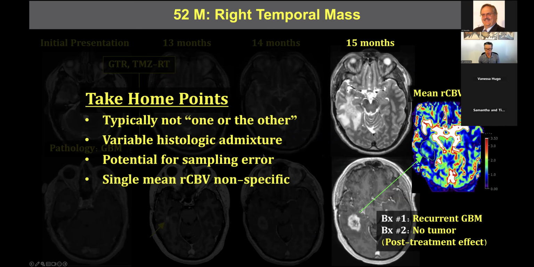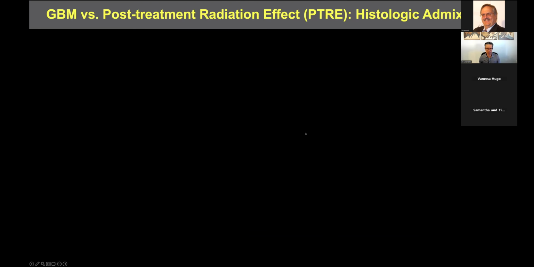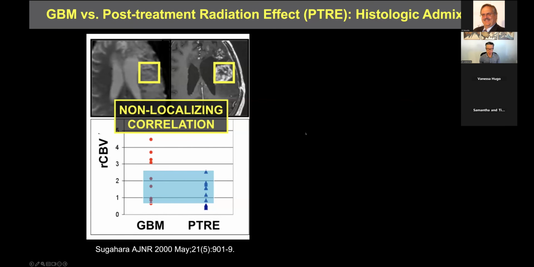And the final point here is that, especially in this case, the use of a single RCBV value over the entire lesion can lead to non-specificity because it doesn't necessarily capture the regional heterogeneity within these lesions. So a lot of these issues have come into play when we look at previously published studies in the literature that are trying to establish whether or not DSC perfusion is helpful.